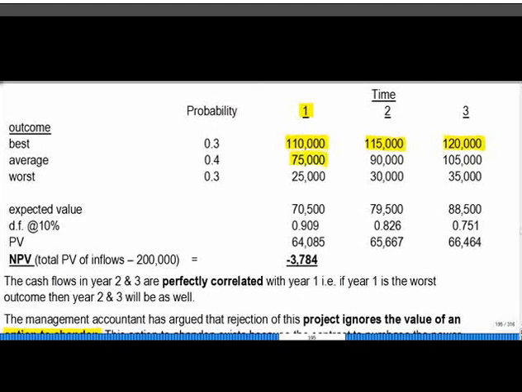At the end of year 1, if we've had an average year, then we'd be expecting in the next 2 years cash flows of 195,000, and even without discounting them, we can say that that's better than 90,000 selling the boat back to the supplier. However, when we get to the end of year 1, if we've had a bad year, we would rather sell the boat back to the supplier than experience 2 more bad years.